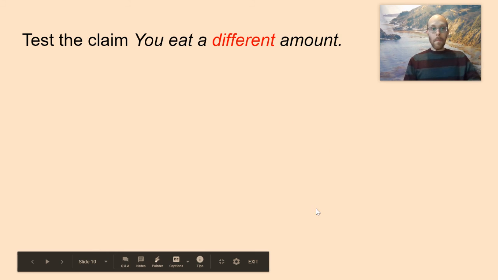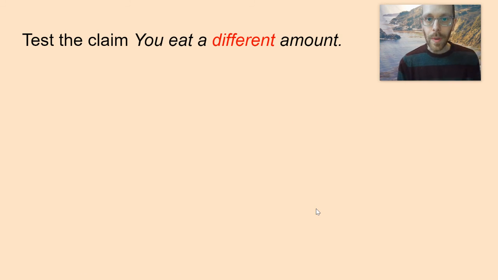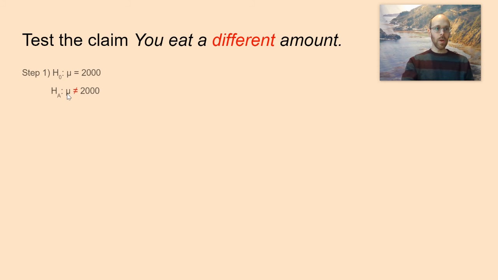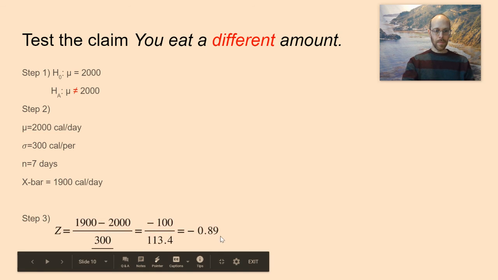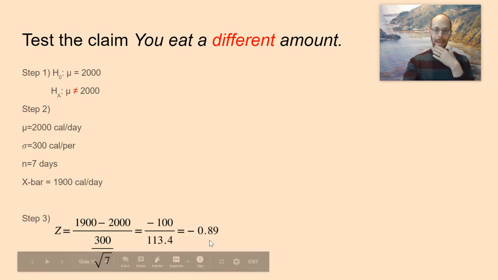Okay, let's do one more. Let's test the claim that you eat a different amount, or that your diet is different than normal. So in this case, your alternative hypothesis would be a not equal to. And let's keep everything else the same. Even your z-score is going to be the exact same. If I keep this at 1900 calories, your z-score will be negative 0.89.